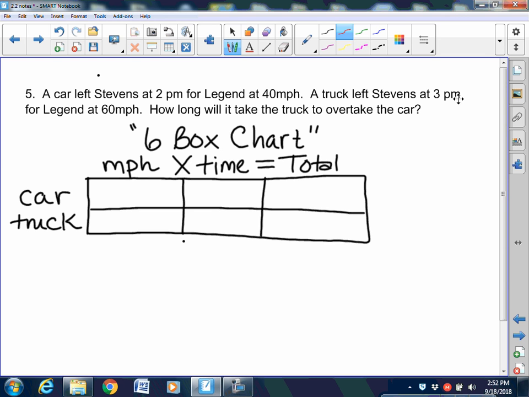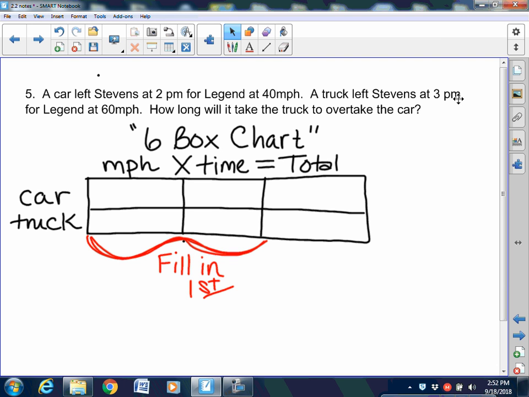Now, these 4 boxes right here, you fill in first. Those 4 boxes you always fill in first on a 6-box chart. Everybody hear that?